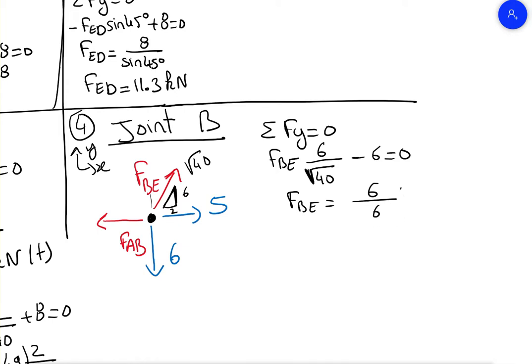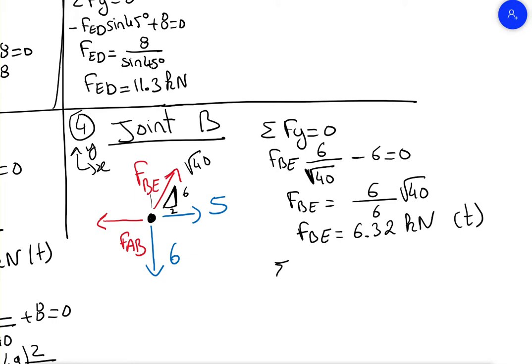So FBE is equal to the square root of 40, which is 6.32 kilonewton, and it's pulling. So pulling is equal to tension.